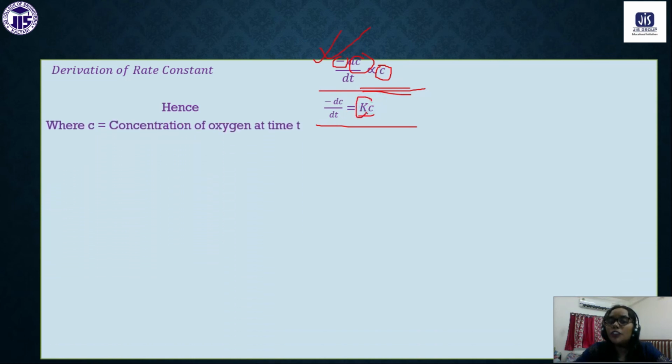K is the rate constant, the BOD rate constant, understand? Already I have told you what C is. C is the concentration of oxygen at time t, and k is the rate constant of the BOD. This is the proportionality constant, and that is equal to the rate constant.